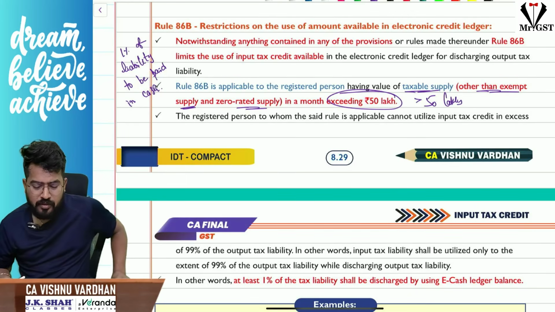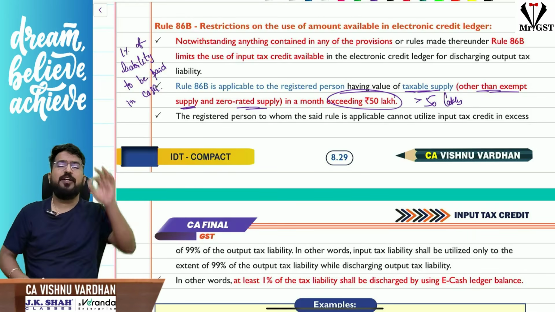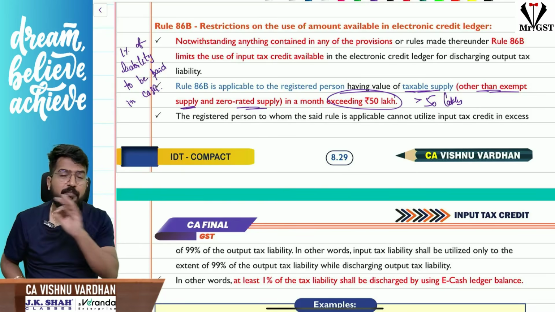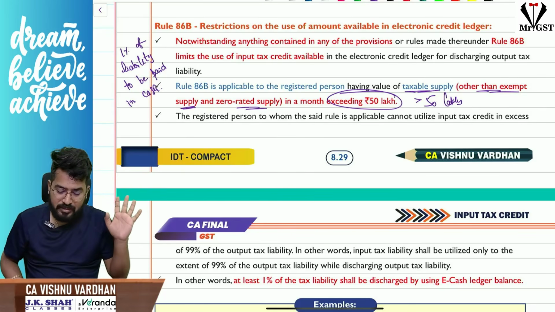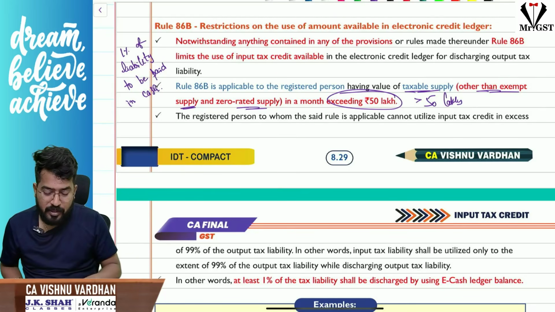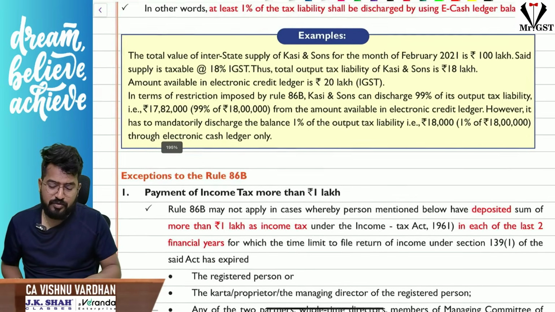So when Rule 86B is applicable, what is your primary duty? You should discharge at least 1% of your gross GST liability in cash only. Even though you have sufficient ITC balance, you cannot use the full ITC balance. At least 1% you should pay in cash.